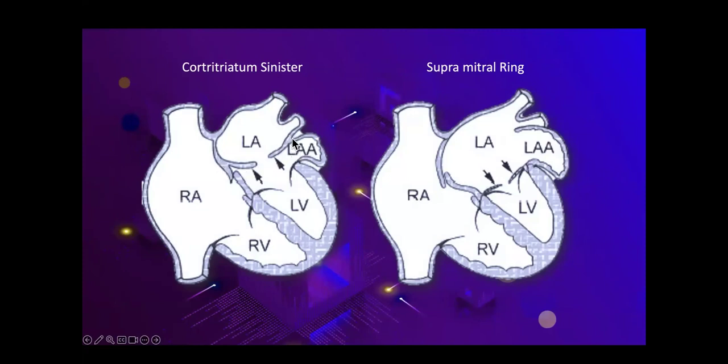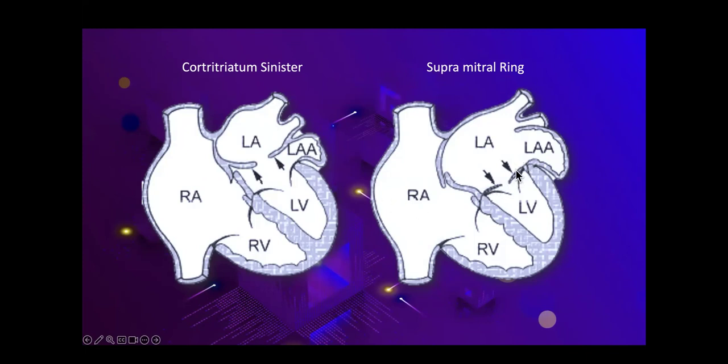The absorption of the common pulmonary chamber embryologically is not happening into the left atrium, so the pulmonary veins continue to drain into this common venous channel and then into the left atrium, and there is either a restrictive or non-restrictive opening here. This is the cor triatriatum sinister.